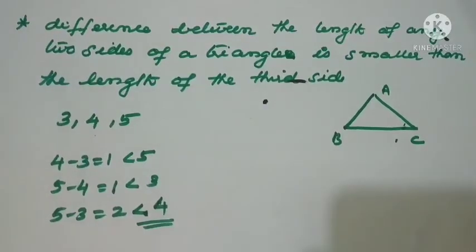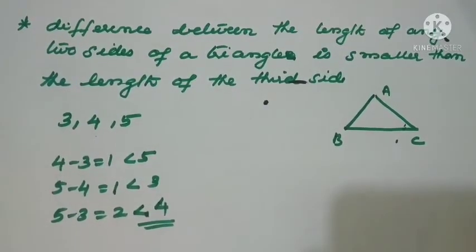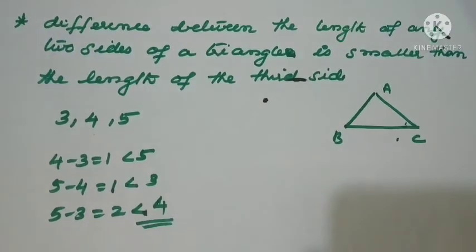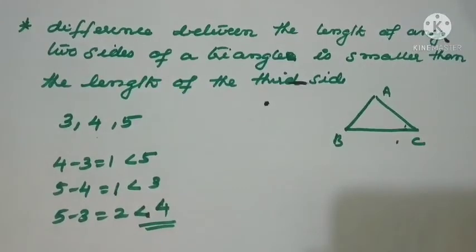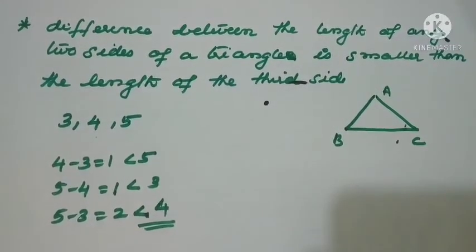Unless the sum of the lengths of two sides is greater than the third side, we are unable to make a triangle. So this is the main concept we have studied here. When we want to construct a triangle, what is the first condition to be satisfied? The sum of the lengths of two sides is greater than the third side.